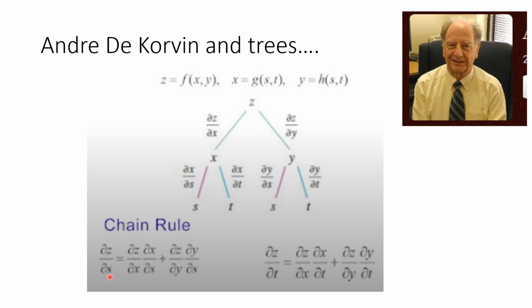So the partial of z with respect to s is going to be the product of these two plus the product of these two. Similarly, using the tree, the partial of z with respect to t is going to be going down this product, and it's going to go down this branch of the tree. And these are the formulas that we get.